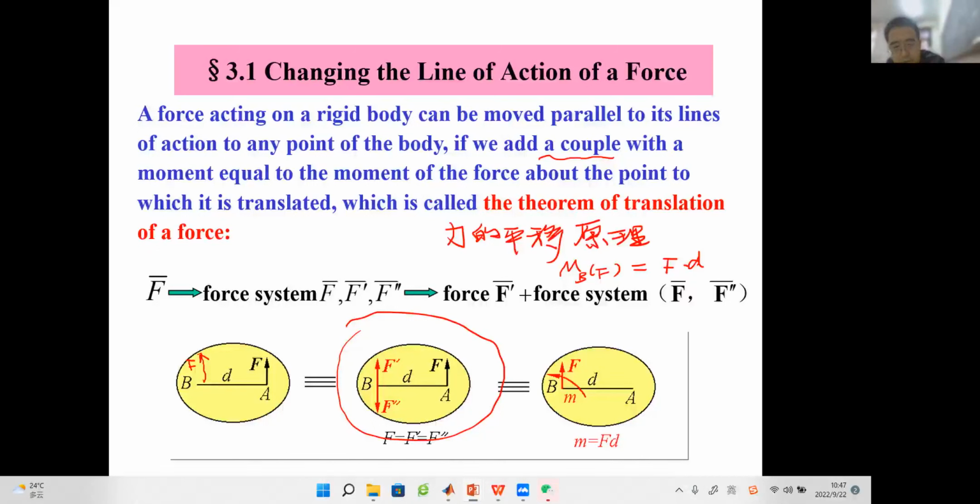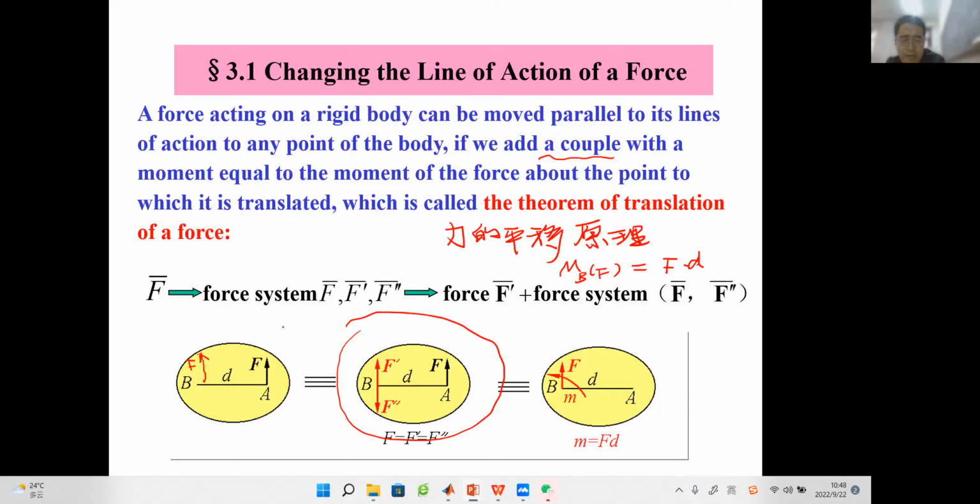We can use this M, whose magnitude is F times D, to have the same effect as these two forces, because F double prime and F form a couple. So it is like we translate this F from A to B, and add another couple.